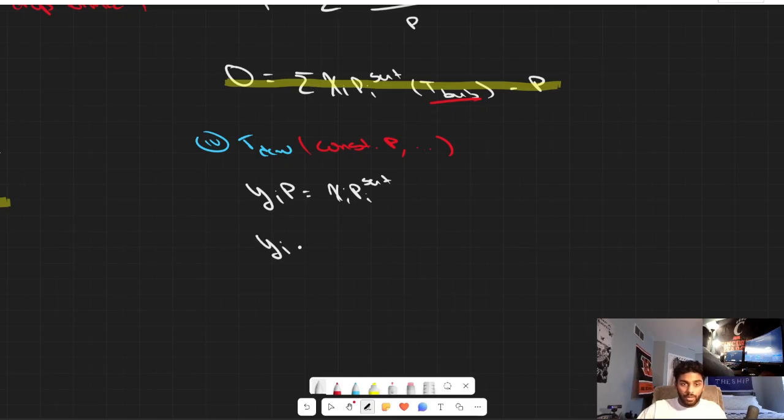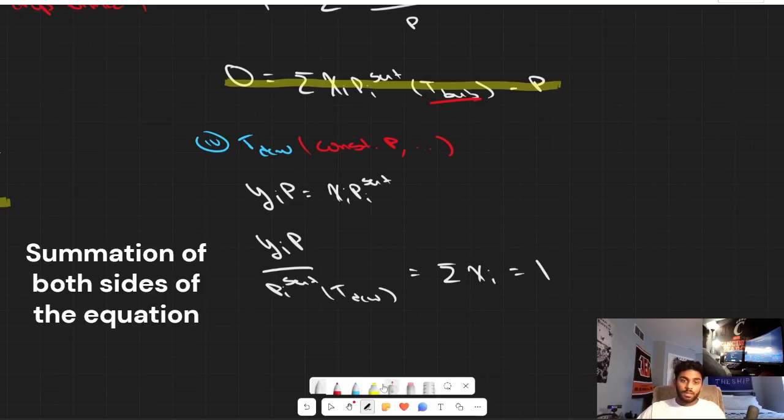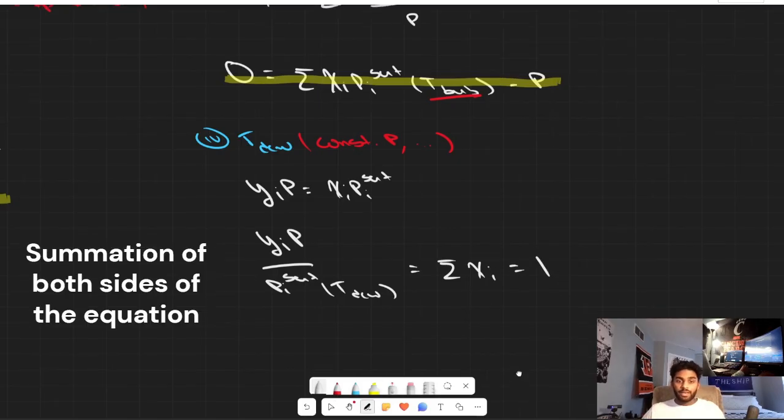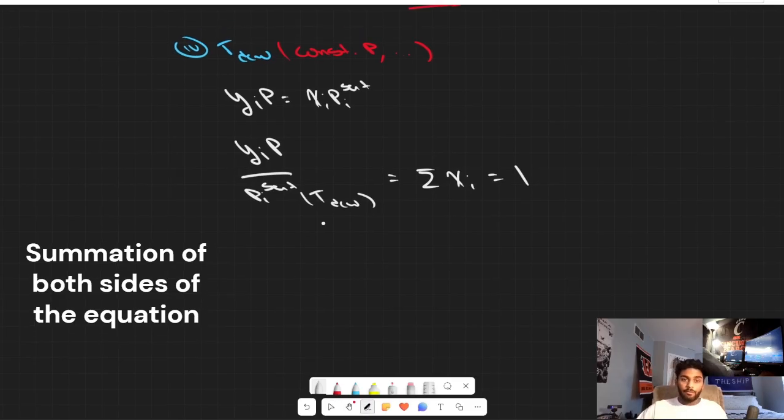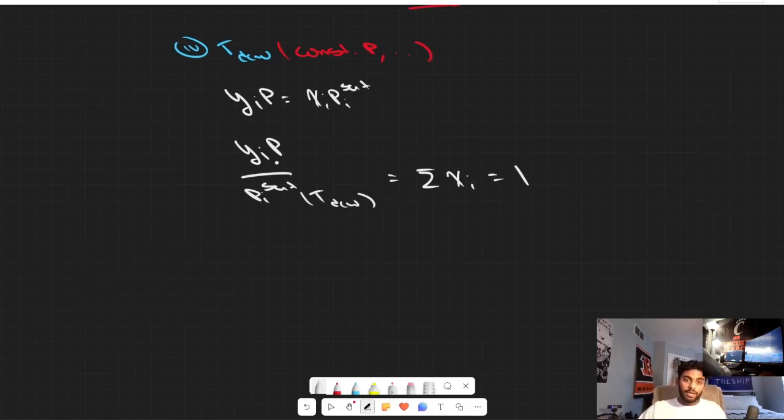So y_i P over P_i^sat, which is a function of temperature, and this will end up being, at our dew temperature, equal to the sum of x's, which is equal to 1. So again, it's going to be this other iteration, where as long as we have satisfied this equation, then we should have what our dew temperature at the given pressure should be.